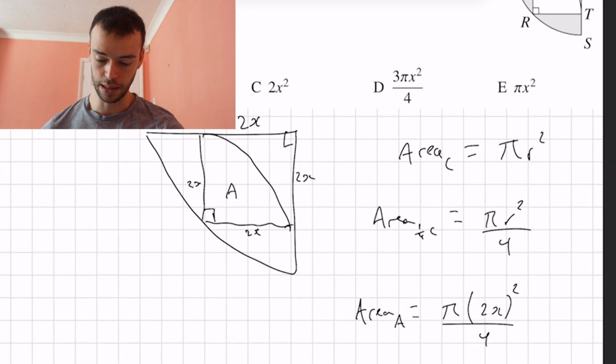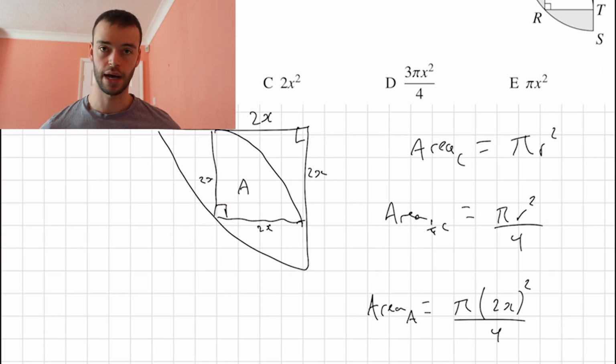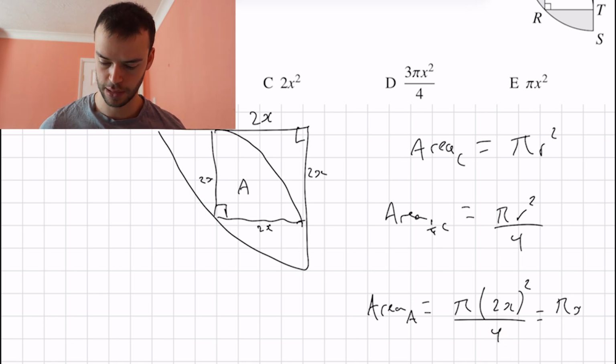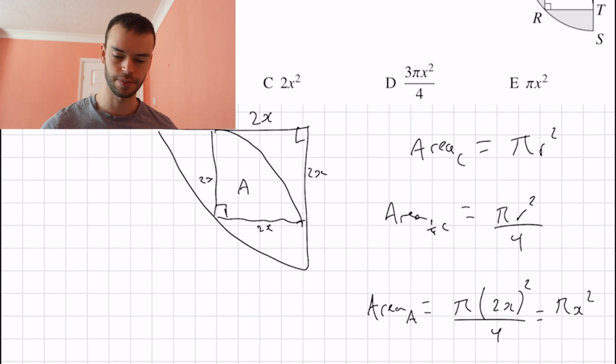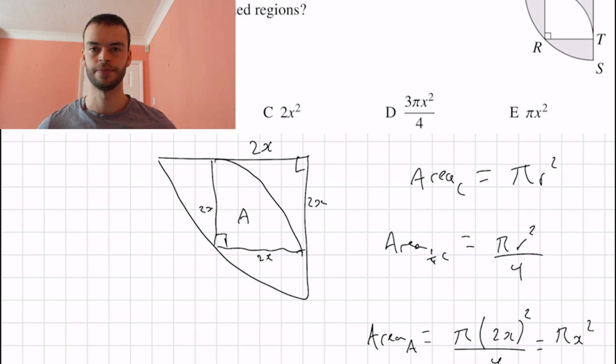Let's simplify that a little bit. When we square 2x we get 4x squared, and we're dividing by 4, so we're left with pi x squared. Cool. So we've found the area of PRT, this quarter circle.